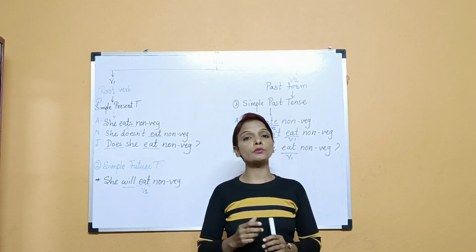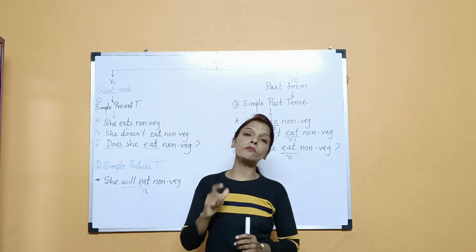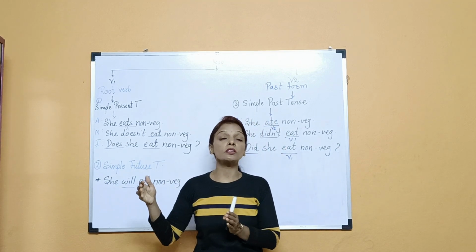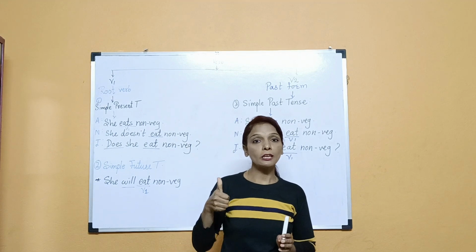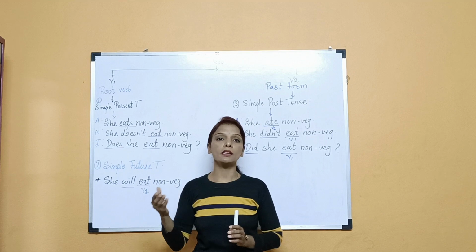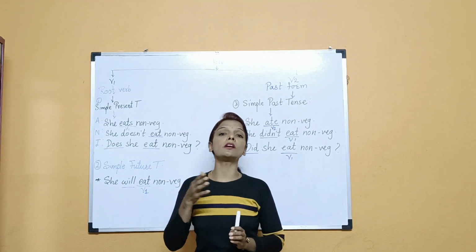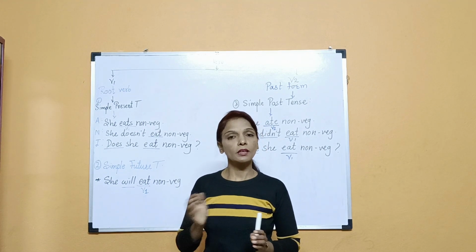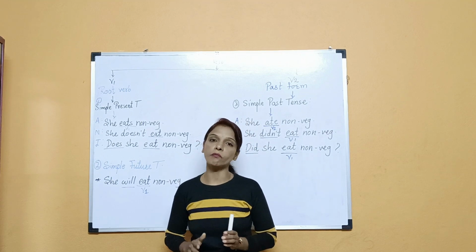Now, in simple present tense, root form gets changed for singular person: he, she, it. It adds s or es. And for plural, I, we, you, they, it continues as a root form.